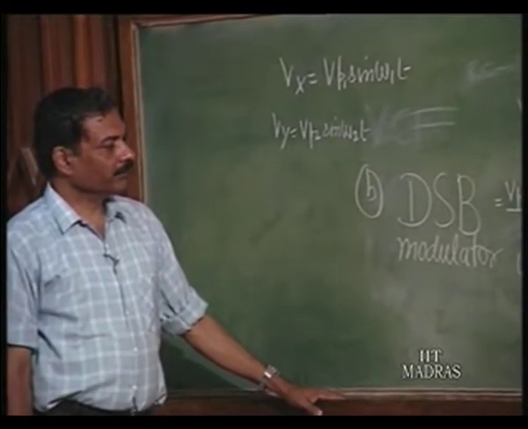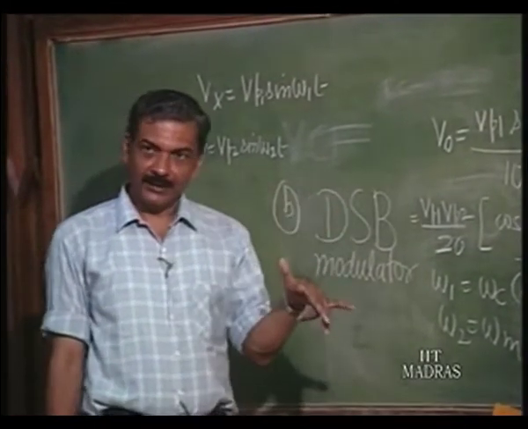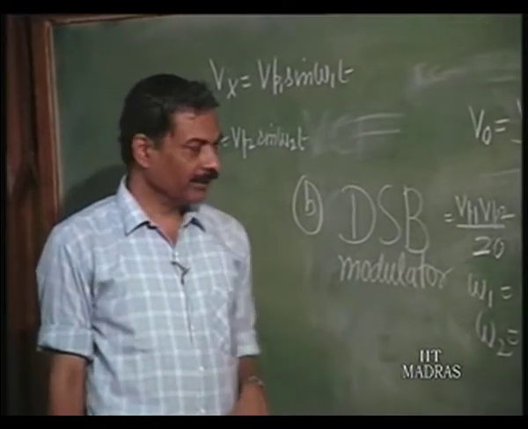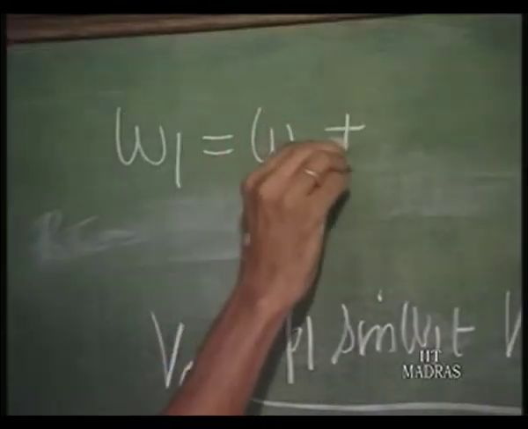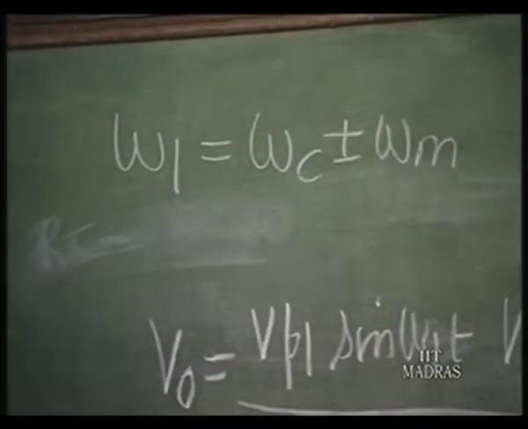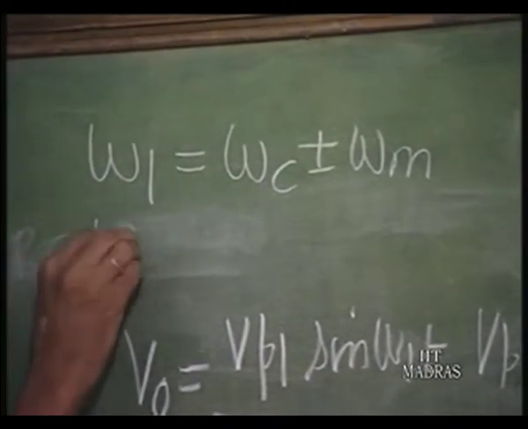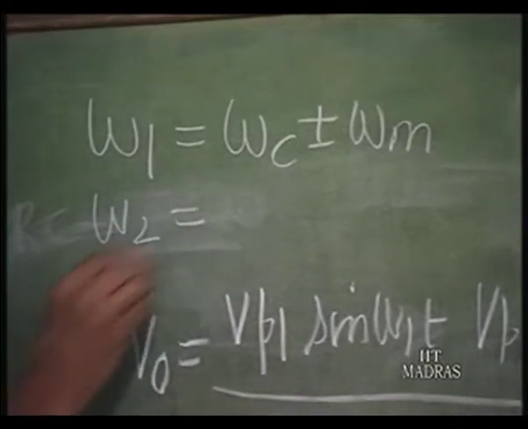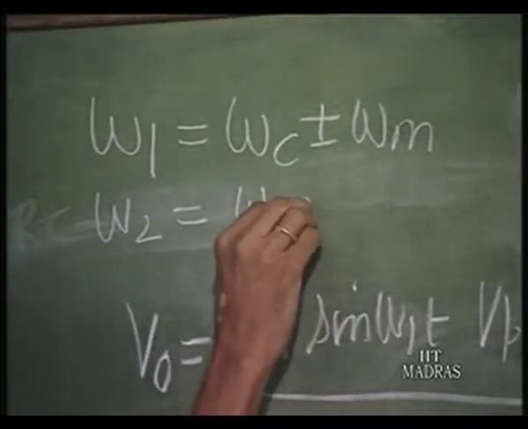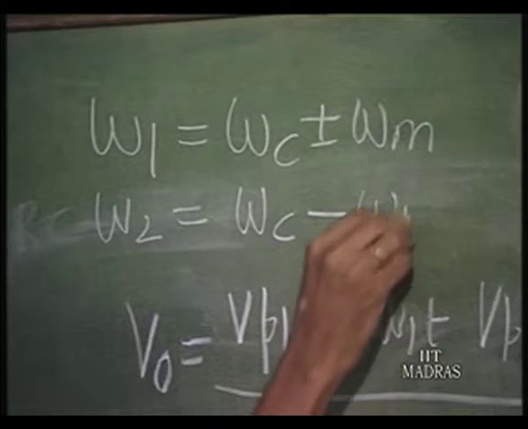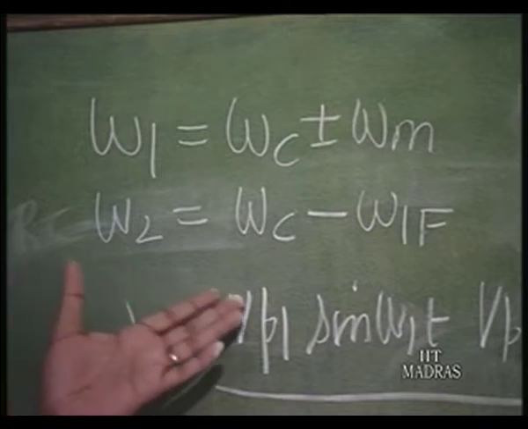Now, if this is received at the receiving antenna and let us say omega 1 is omega c plus or minus omega m, that is one input is the DSB itself, and omega 2 is let us say omega c minus omega if.